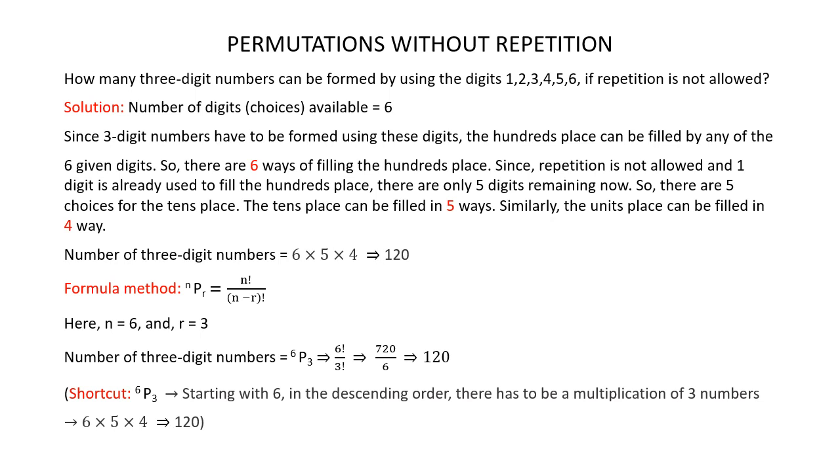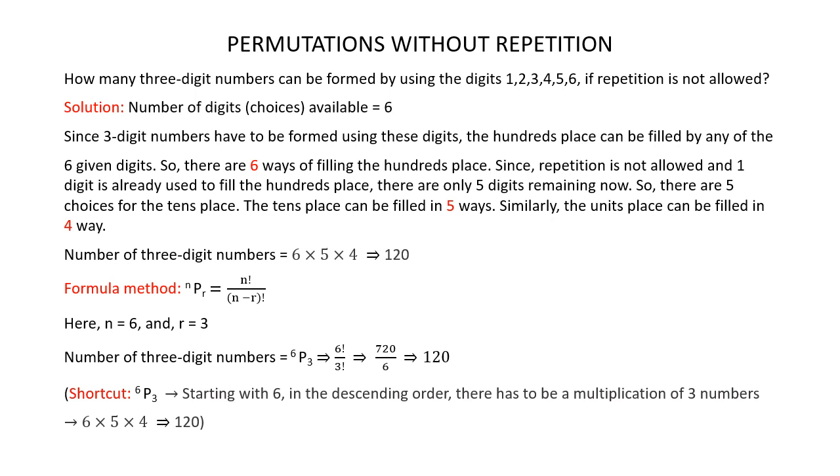Now the formula for permutations without repetition is nPr equals n factorial divided by n minus r factorial, where n is the total number of objects to choose from.